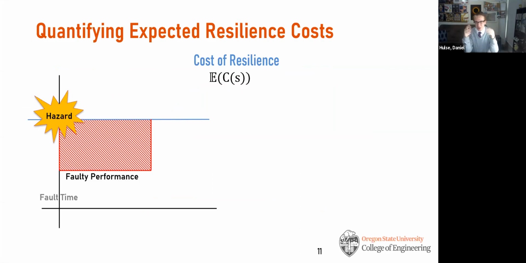Because we're interested, of course, in quantifying resilience costs, and we developed that scenario cost model, a part of figuring out what those costs are should be taking what we get out of this resilience curve and figuring out what's better or worse.